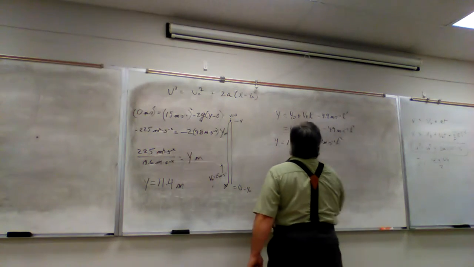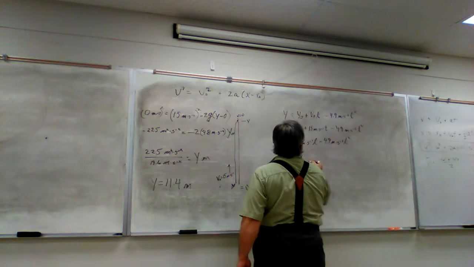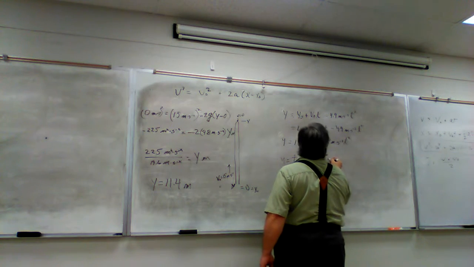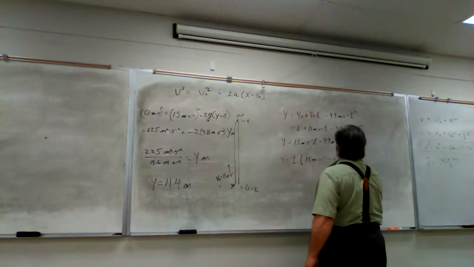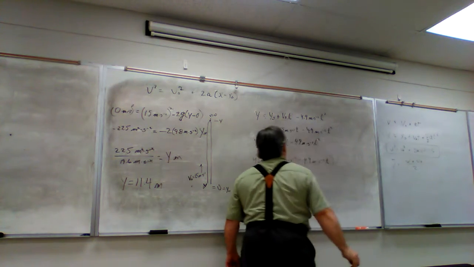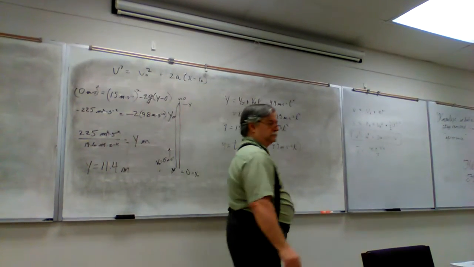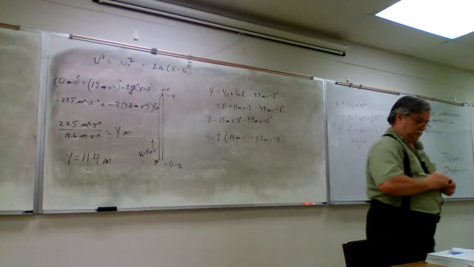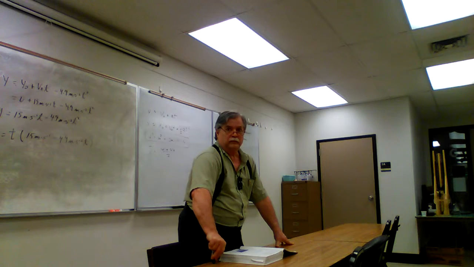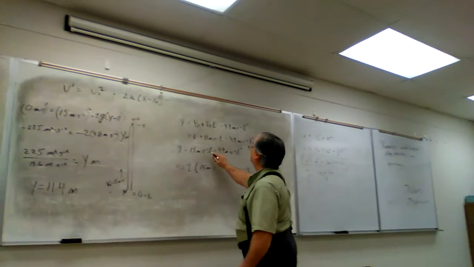What if we factor out 1t here? We get y equals t times 15 meters per second minus 4.9 meters per second squared times t. We factored out 1t from here and 1t from there.